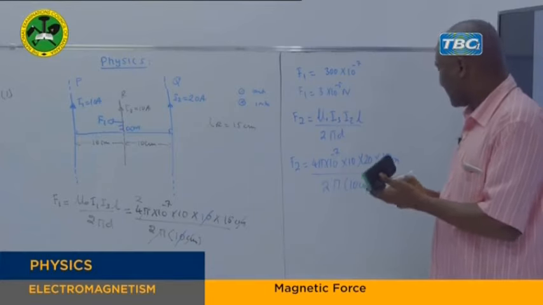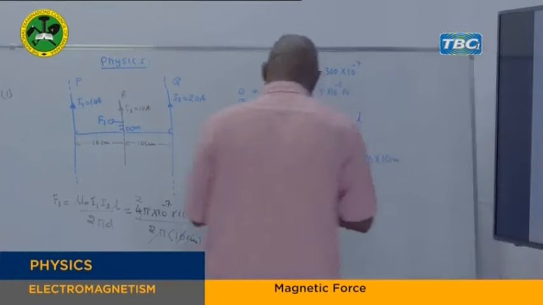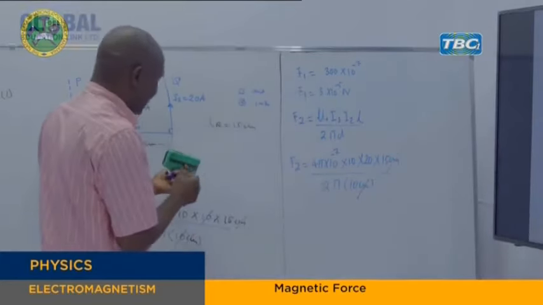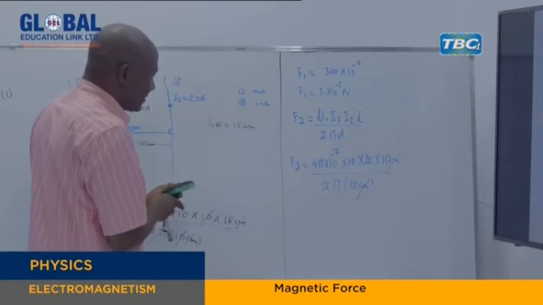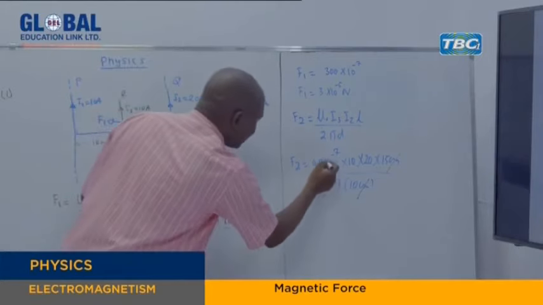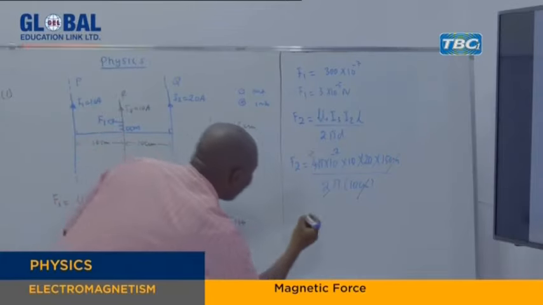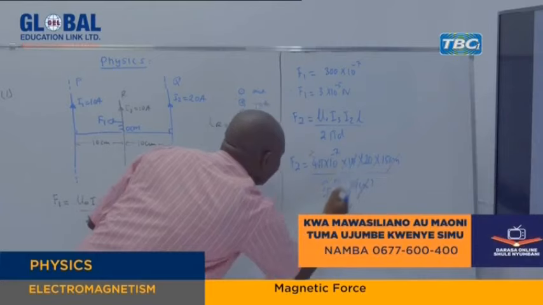And you can see there's some cancellation of the units here. The 2 pi will cancel out, and this 10 will cancel out here.